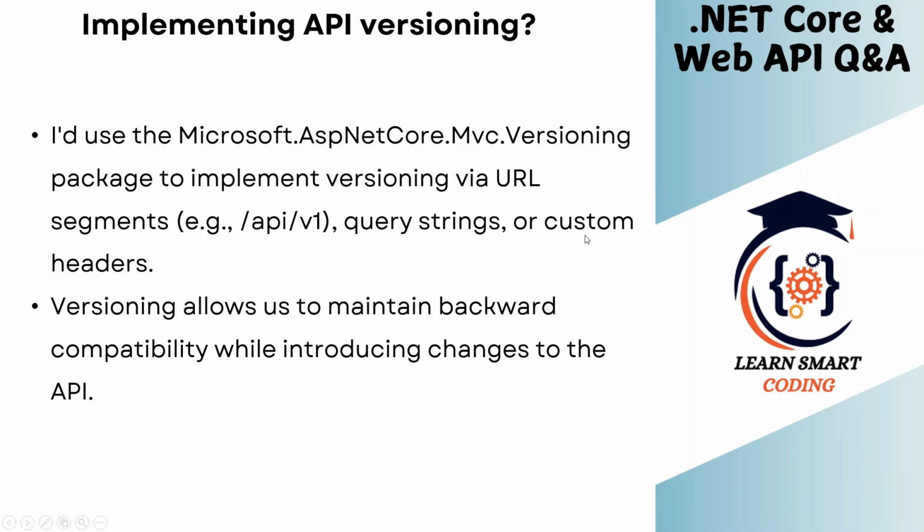Once you're done with that, they will publish this information to the consumers, like the agents. They will change whenever they want to, and then eventually the older API will be retired. That's what is called API versioning. Versioning allows us to maintain backward compatibility while introducing changes to the current API.